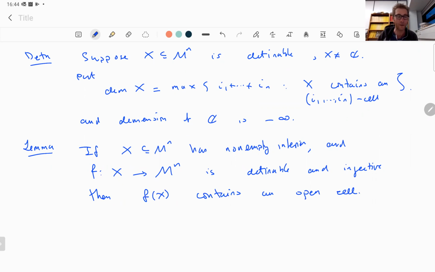So I'll prove this lemma, and then we can prove things like the dimension is invariant under definable projections. So let's prove the lemma.